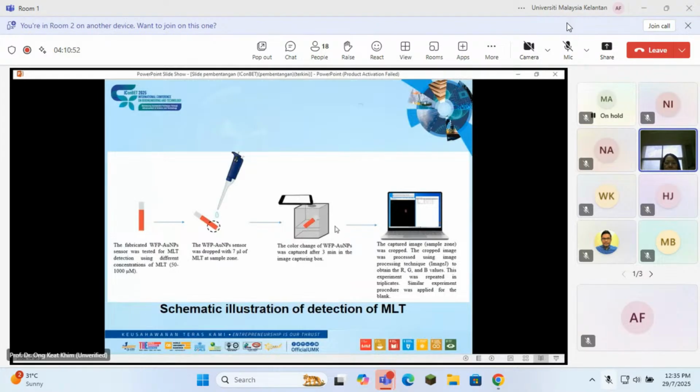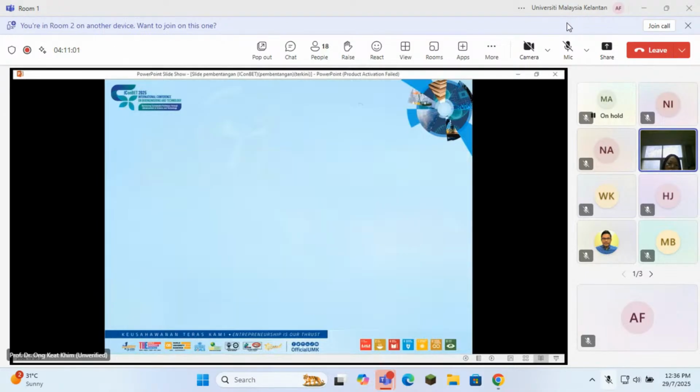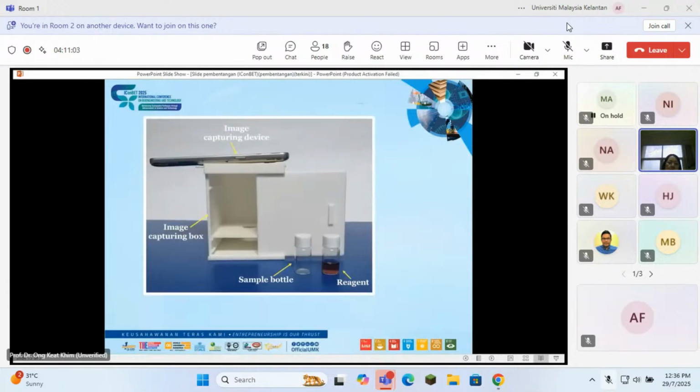After that, we transfer the image to our laptop and process it using ImageJ. The picture shows the image capturing box. It is very small; we can put it on our palm.